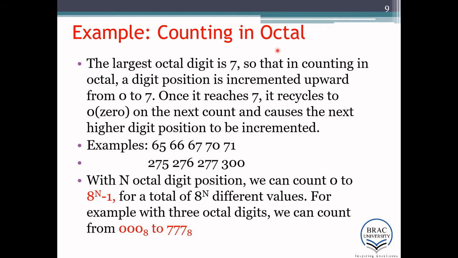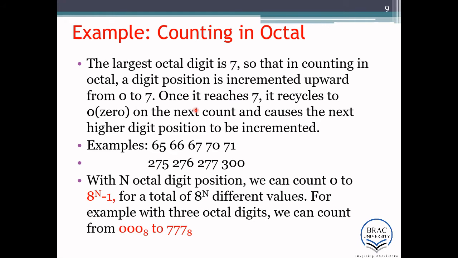Example, counting in octal. We already discussed that, but we'll get the idea of how it works for a number system. The largest octal digit is 7, right? So that is counting in octal. A digit position is incremented upward from 0 to 7.